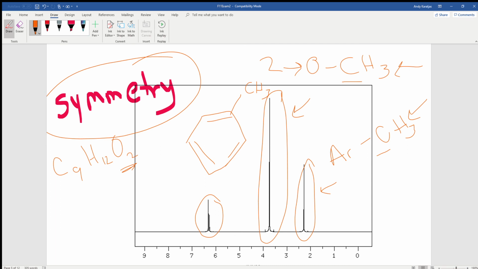And if I do this, again, if I need to keep symmetry, the only places that I can put the methoxy groups are here or here. Now if I put them where I've highlighted in red, then those 3 remaining hydrogens are going to be adjacent to each other on the aromatic ring, and we'll end up with splitting patterns.